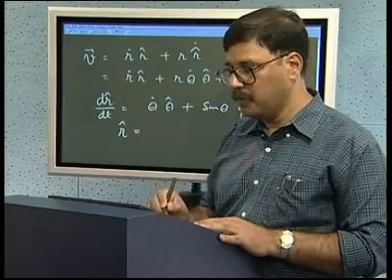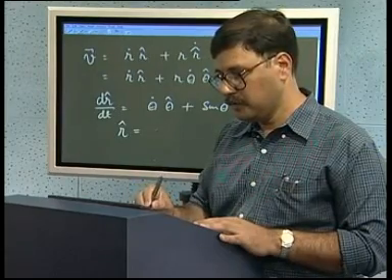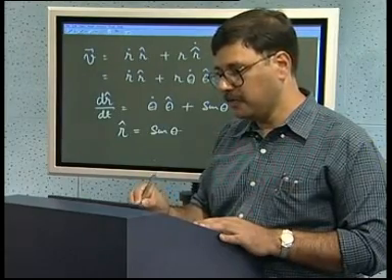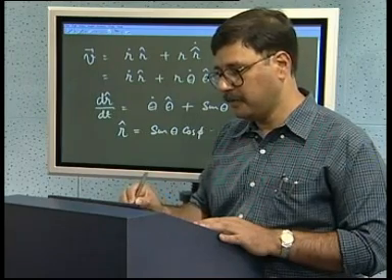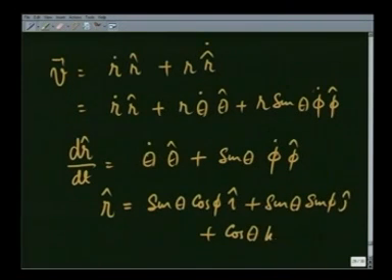r was equal to sin theta cosine phi i plus sin theta sin phi j plus cosine of theta k.